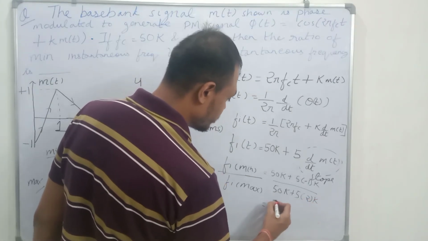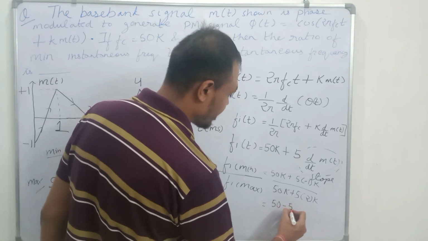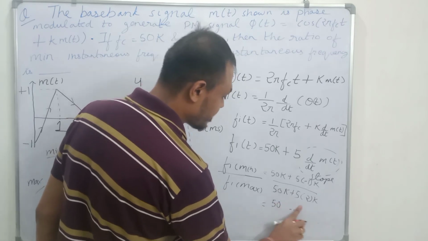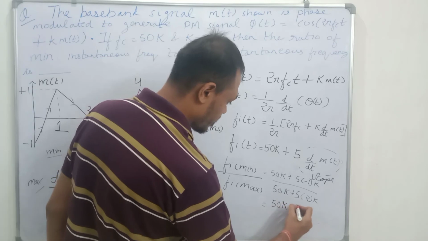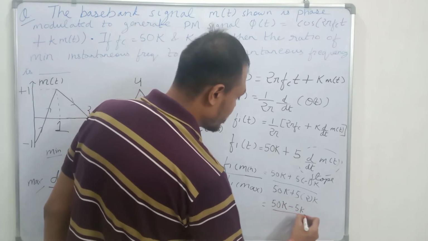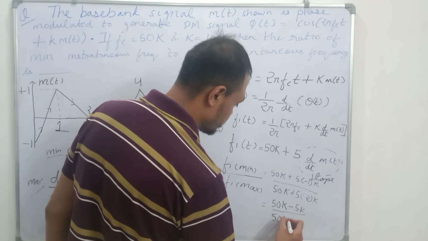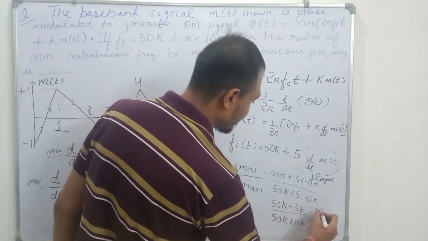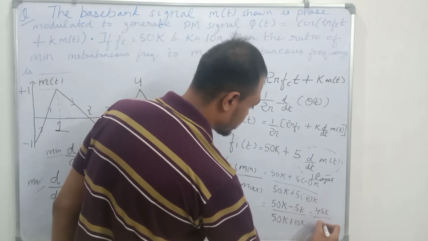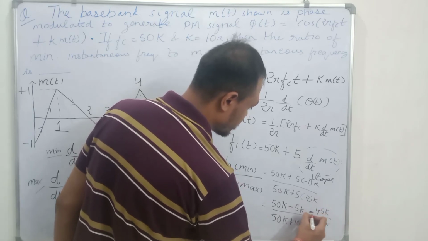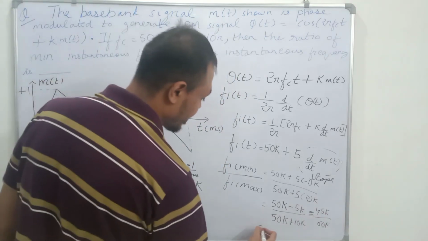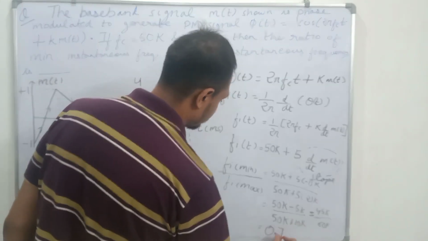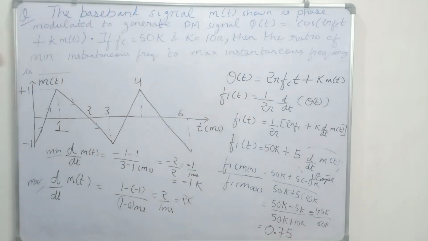So this will be equal to 50k minus 5k upon 50k plus 10k. So this will be equal to 45k upon 60k. So the answer will be 0.75. So the ratio of the minimum instantaneous frequency to the maximum instantaneous frequency is 0.75.